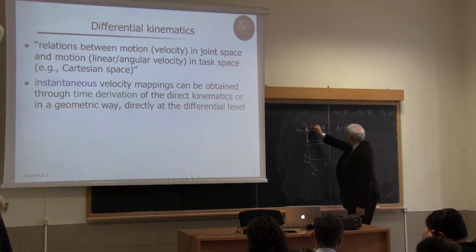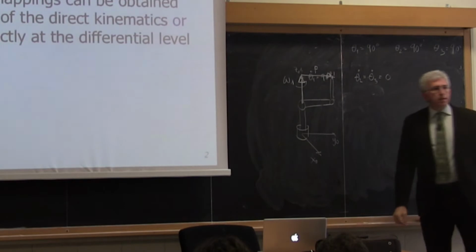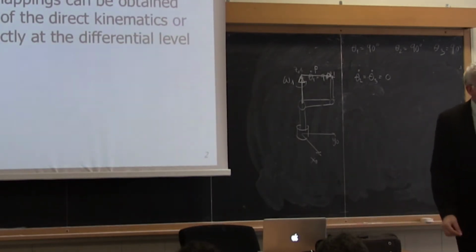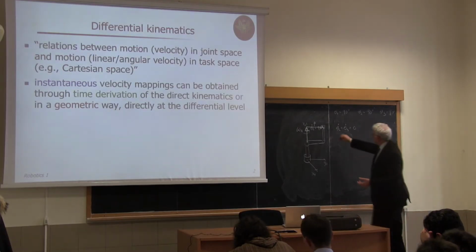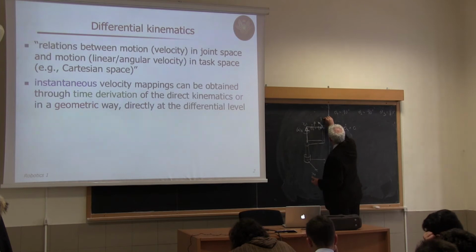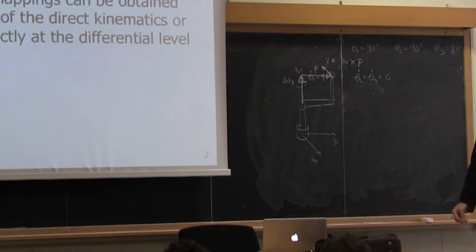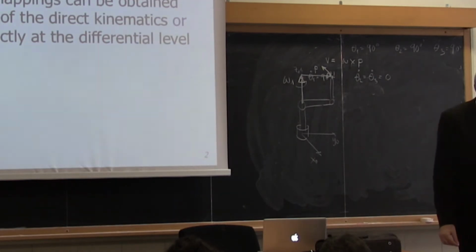There is some distance vector p to the end effector from the joint axis to the position for which I want to compute this, and then the velocity v will be omega cross p. Okay, this is first course of physics.